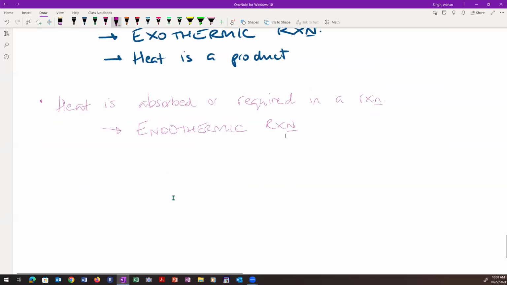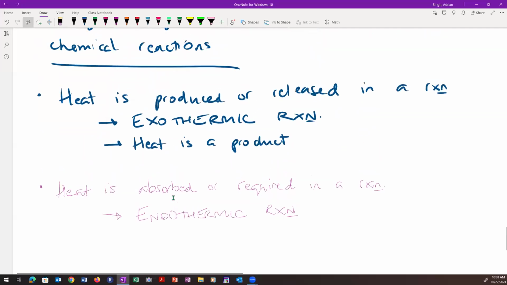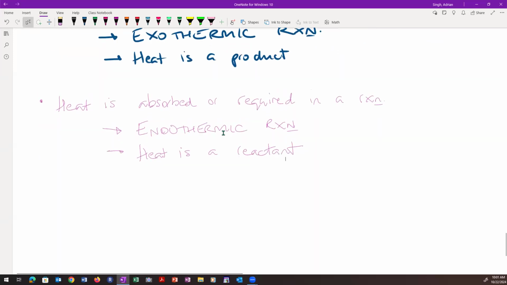And if heat is a product in an exothermic, well, then in an endothermic, which is the opposite, heat would be a reactant. So you'll see the word heat on the left side. You'll see a unit of energy on the left side. Either way, that's how we can differentiate between one and the other.